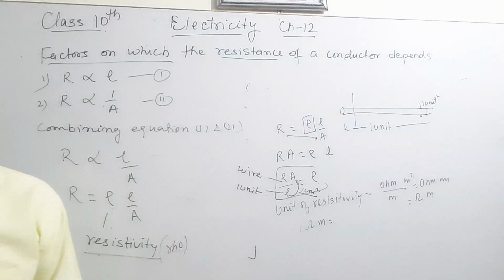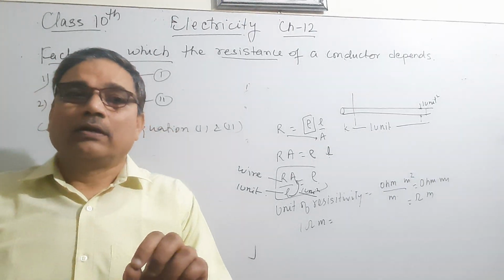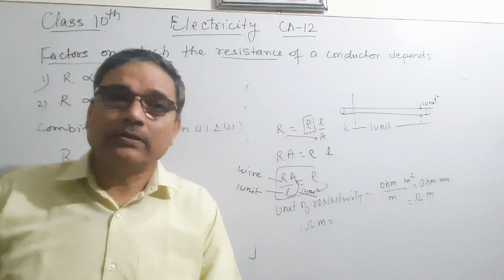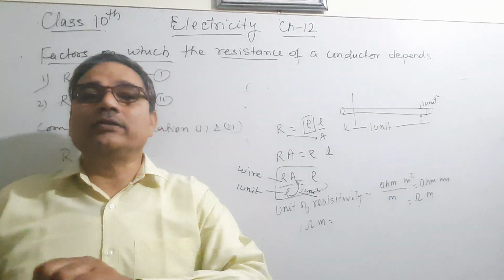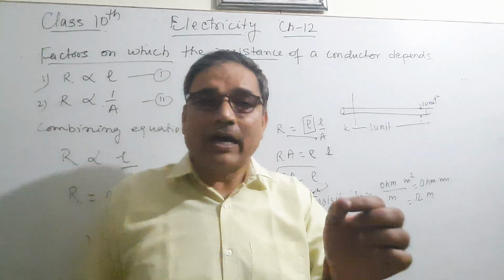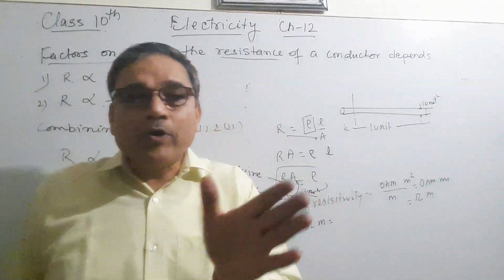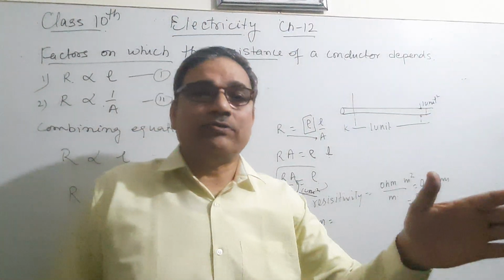The resistivity of a pure metal is always low, and some alloys also have low resistivity, but the resistivity of alloys is comparatively high. Some alloys have low resistivity, some are exceptions, but pure metals have low resistivity whereas alloys have high resistivity.